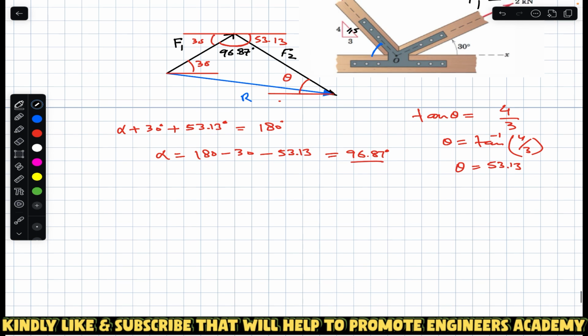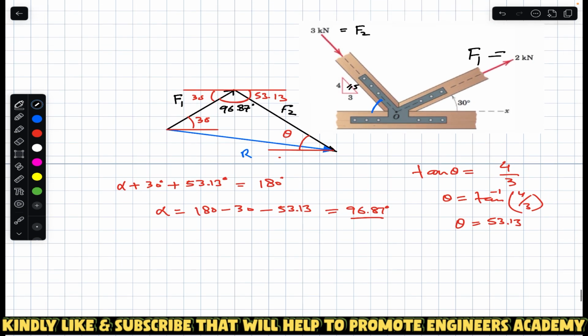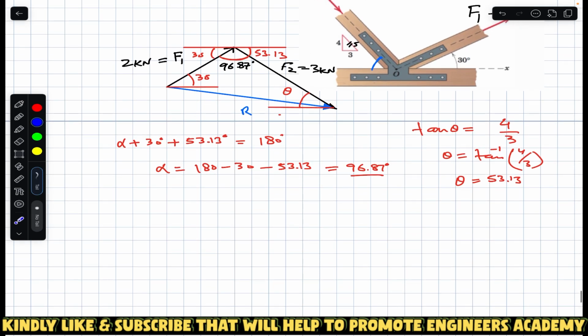Now, as you can see, we know the magnitude of f1 and the magnitude of f2. f2 is 3 kilonewton, f1 is 2 kilonewton, and we want to find the magnitude of the resultant. So you can apply the law of cosines. For the law of cosines, we must know the magnitude of f1, the magnitude of f2, and the included angle between both of them.